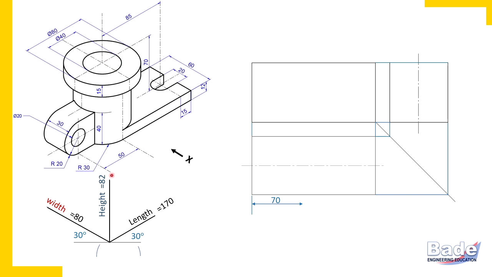Let's check it. 50 millimeter is up to the center of this U-shaped block. Now from the extreme left end, radius 20 millimeters plus 50 millimeters, and there you will get the location of the center of this cylindrical disc. So I have measured here 70 millimeters and this is how we have located the center.